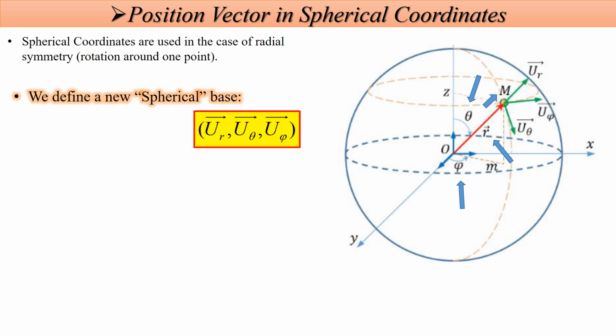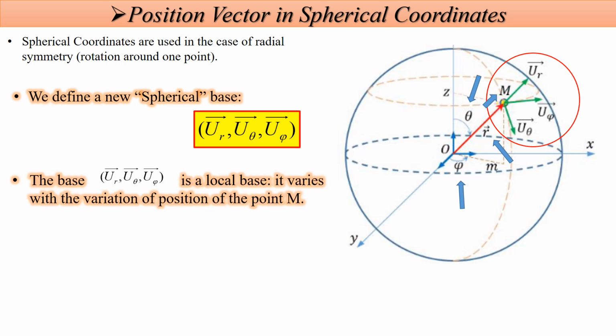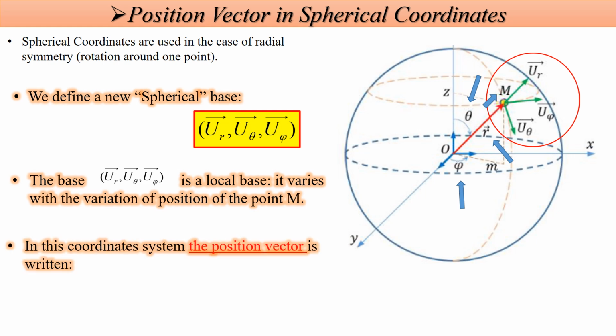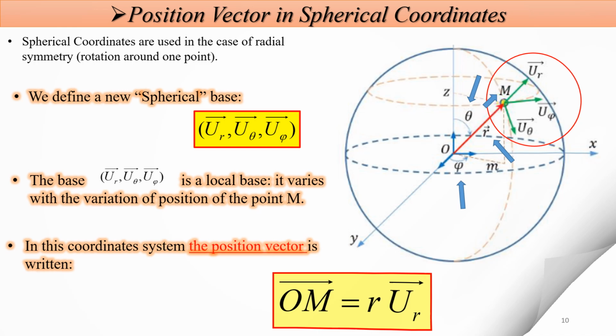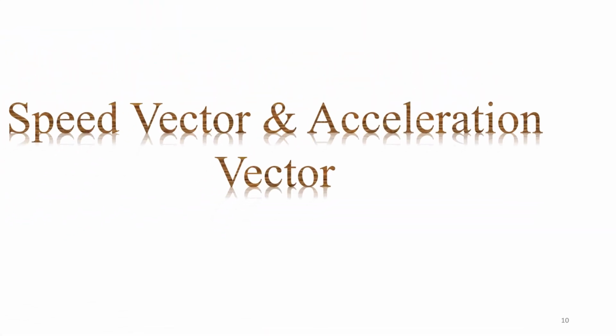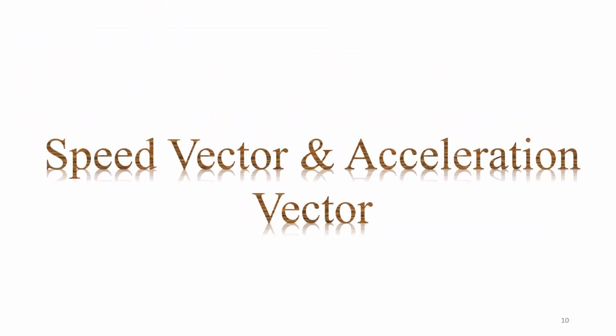So we define a new spherical base ur, u theta, u phi. Same thing, this base is a local base. In this coordinate system, the position vector is written like this. To continue studying our motion, we need to find the velocity vector and acceleration vector.